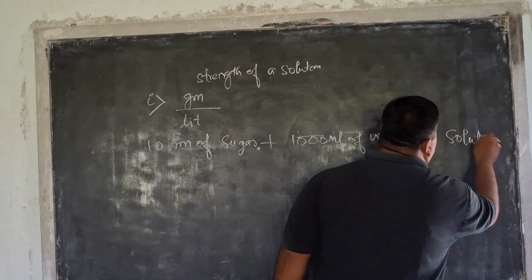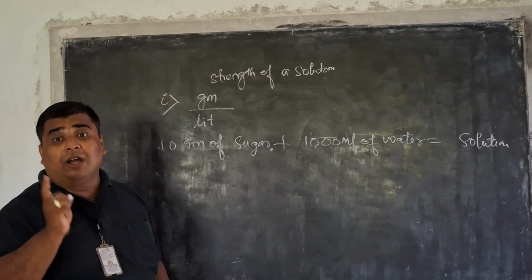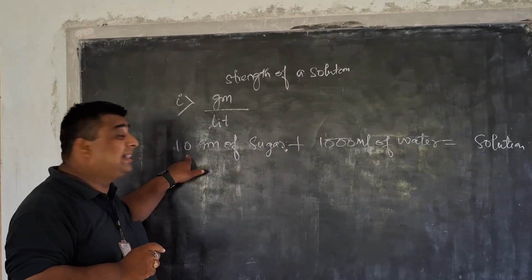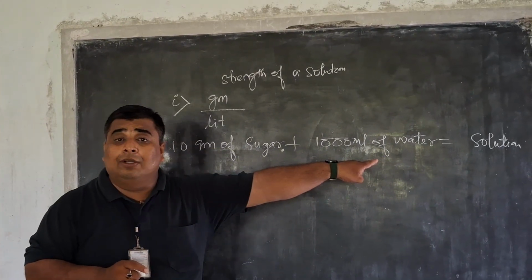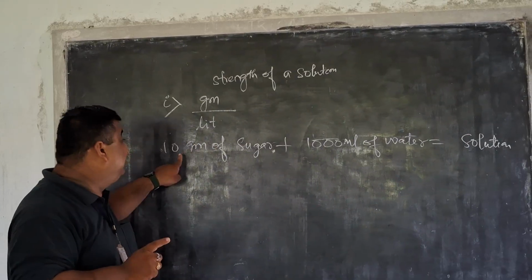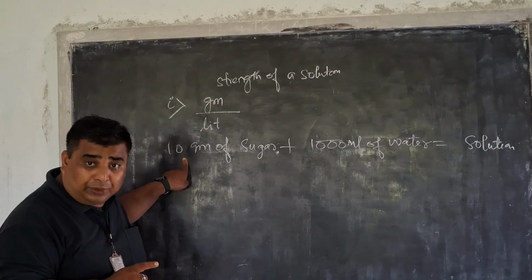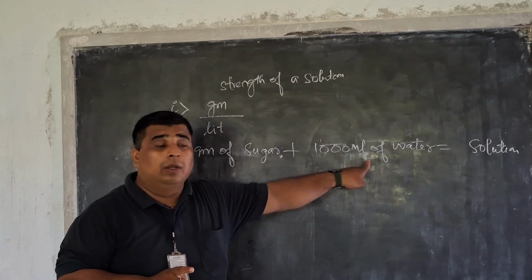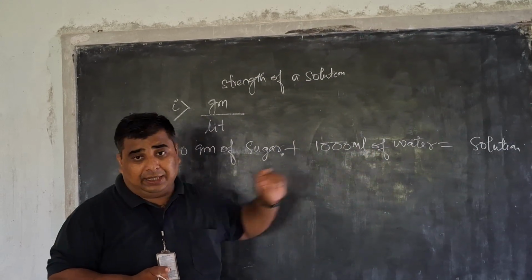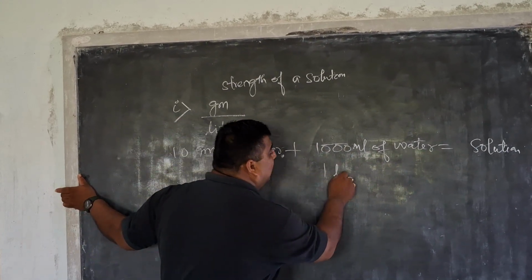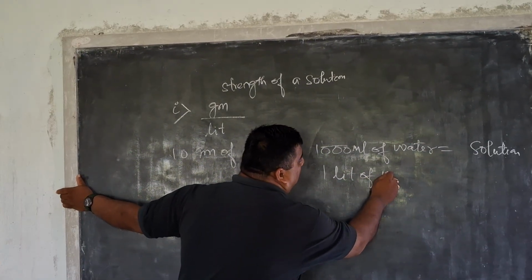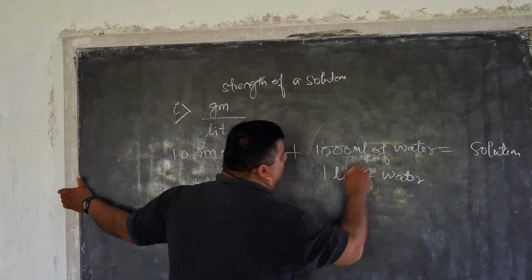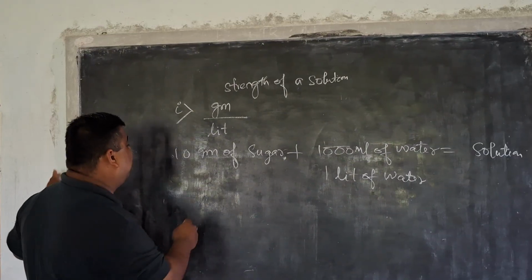And this solution has a concentration or strength. So what is the strength? You are getting the solution by dissolving 10 gram of sugar into 1000 ml of water, or you can also write 1 liter of water. So the solution has a concentration.